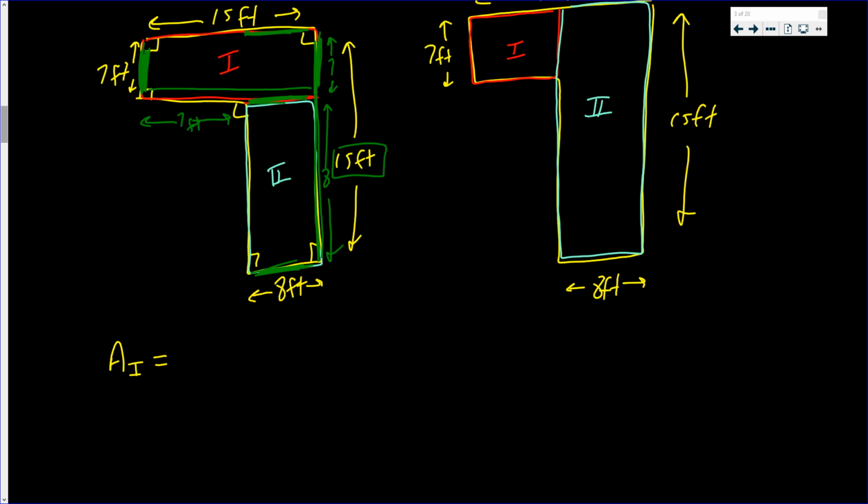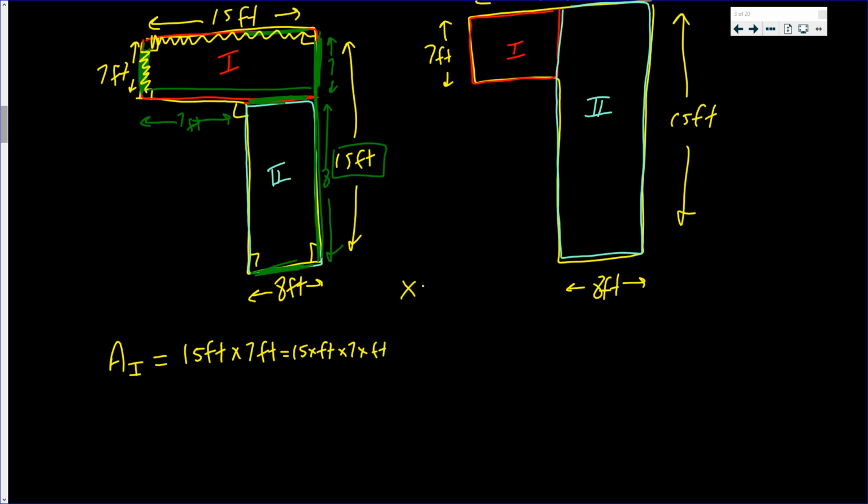Well, region 1, that's a simple one. It's 15 feet by 7 feet. It's 15 feet times 7 feet. Just for the record, this is 15 times 1 foot times 7 times 1 foot.